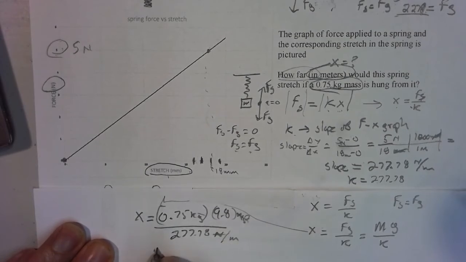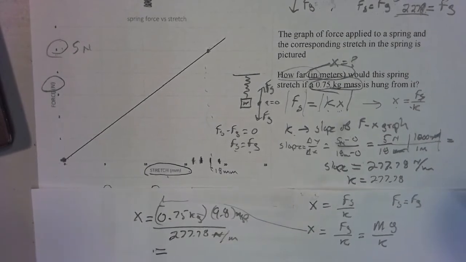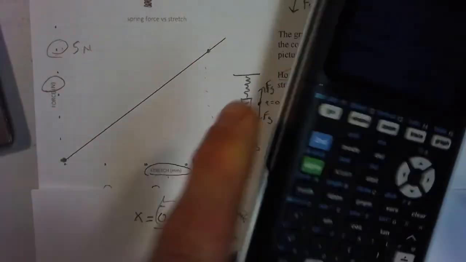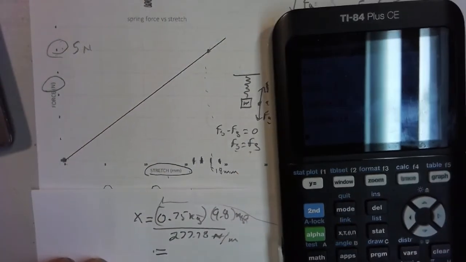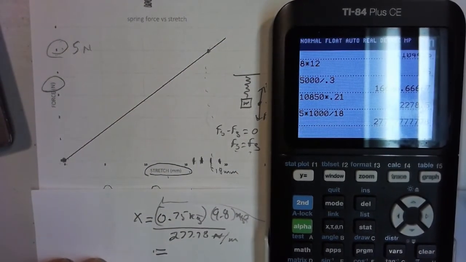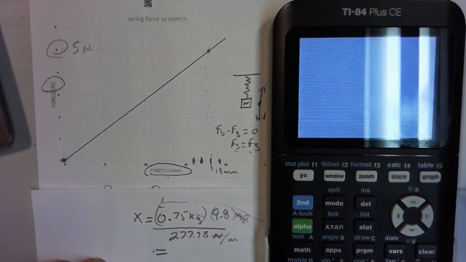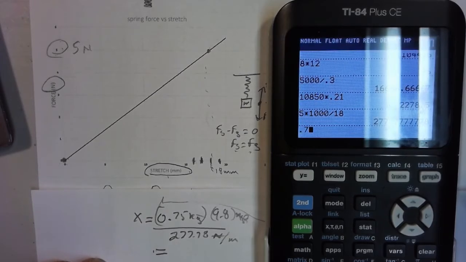So I plug that all in my calculator. 0.75 times 9.8 divided by 277.78.